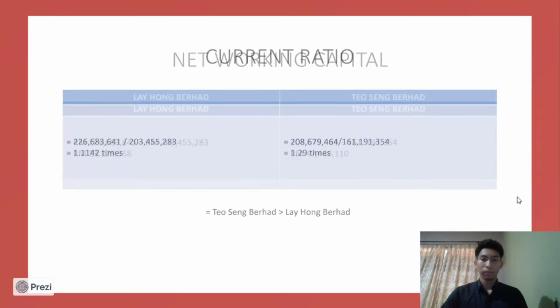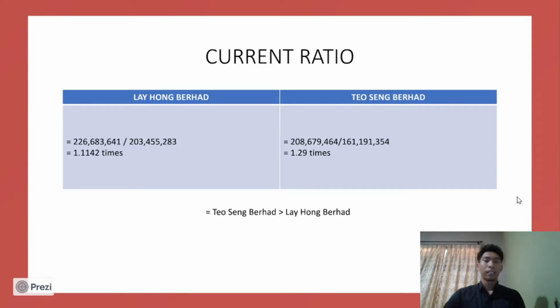Next we see current ratio. For Lehong Berhad, the value is 1.1142 times, and for Teo Sang Berhad, we have 1.229 times. Here Teo Sang Berhad is more liquid than Lehong Berhad.